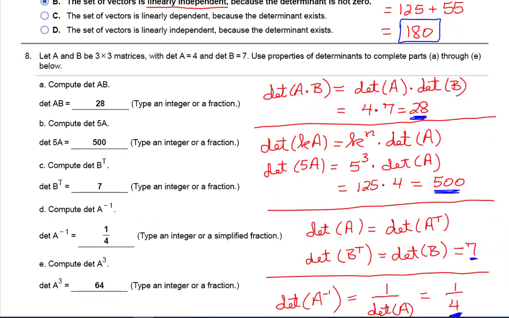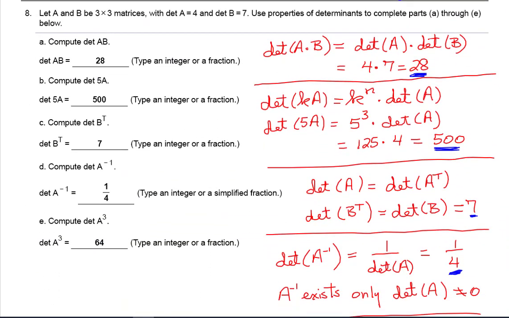And in question 8, we summarize lots of properties of the determinant. First off, the determinant of a product is the product of the individual determinants. So in our case, I know the determinant of A is 4, the determinant of B is 7, and so the product is 28.